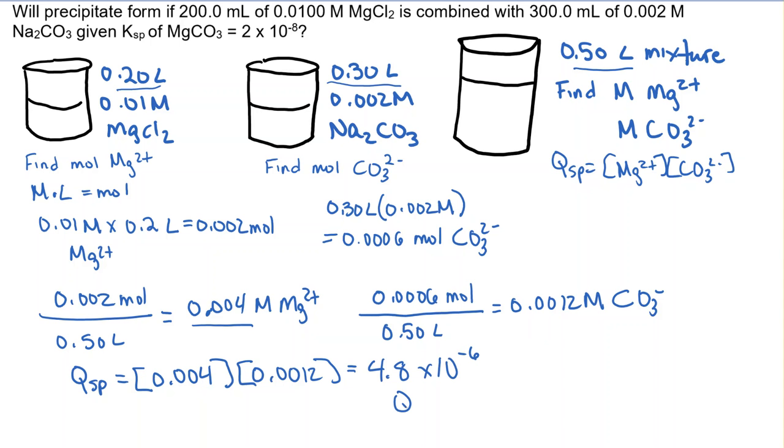This is our Q. We have to compare it to our Ksp value, which was 2 times 10 to the negative 8th.